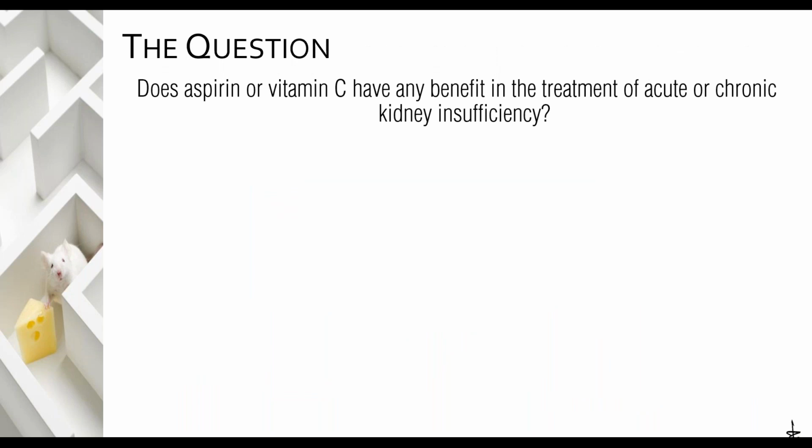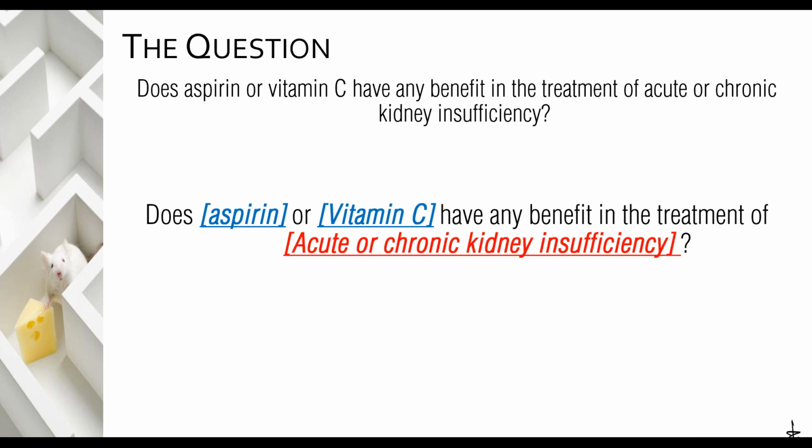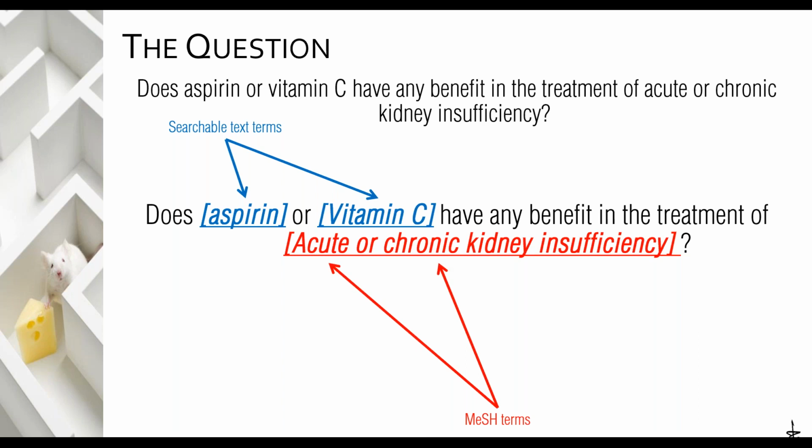So for example, let's ask a question so that we can search it. The question that we're going to ask is as follows. Basically, does aspirin or vitamin C have any benefit in the treatment of acute or chronic kidney insufficiency? So now, by doing that, these are the searchable terms, and these are the mesh terms.